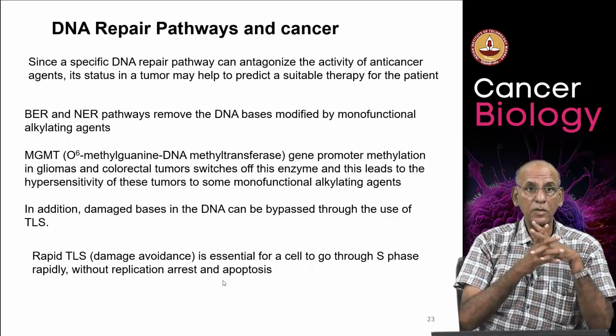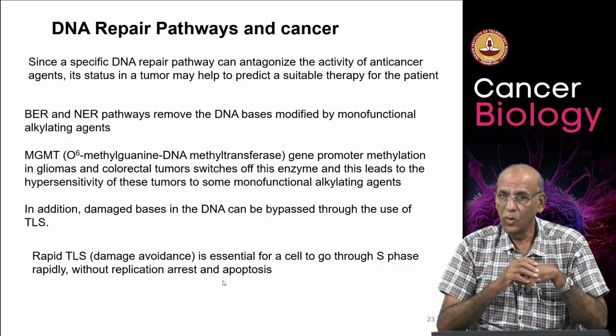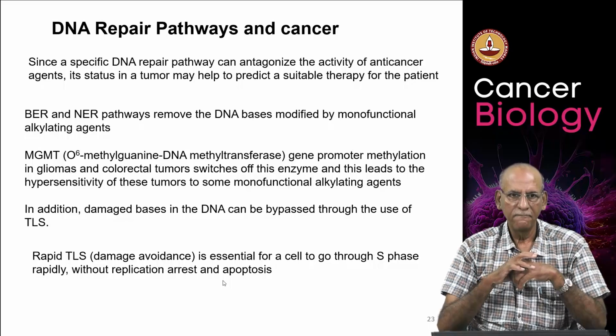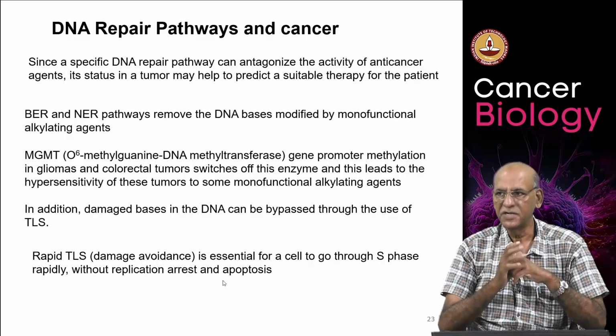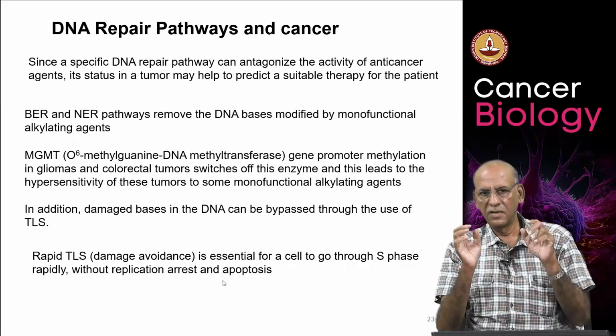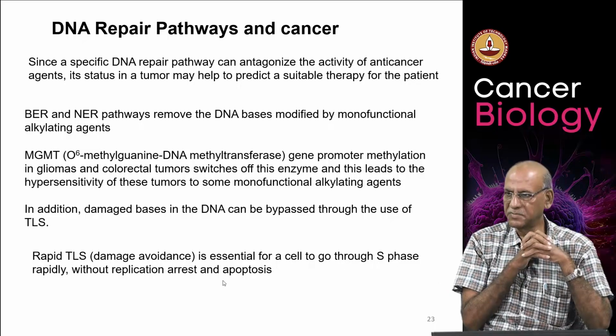Now, you can make use of this also when you know the status of a cell or person in terms of DNA repair efficiency. You just look at the person, do some tests and see whether she has effective DNA repair mechanisms.